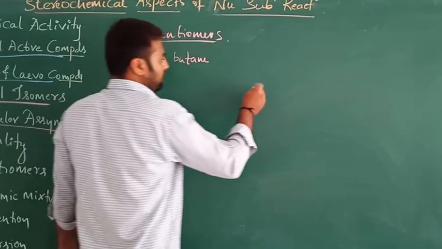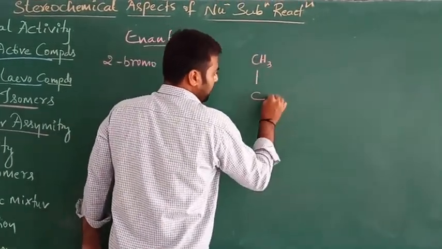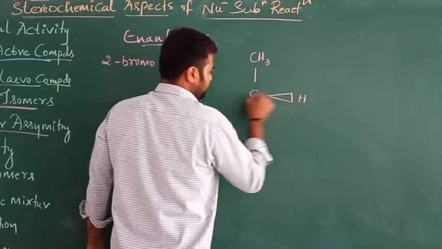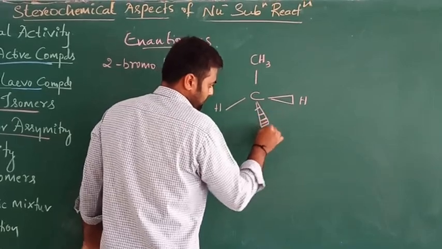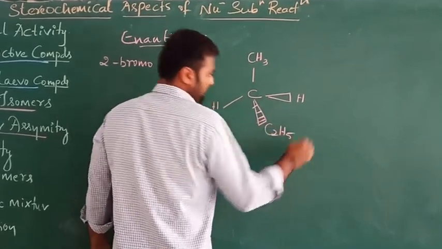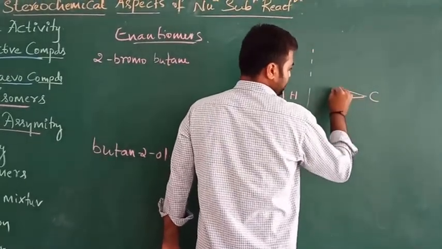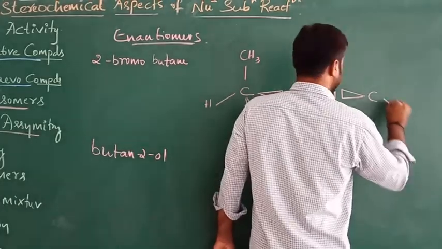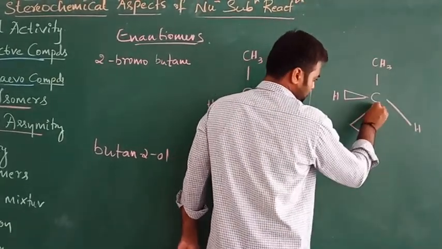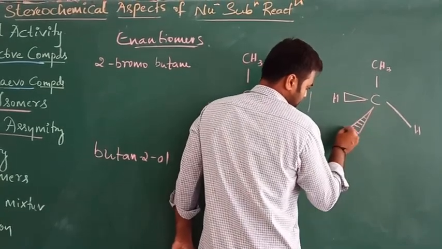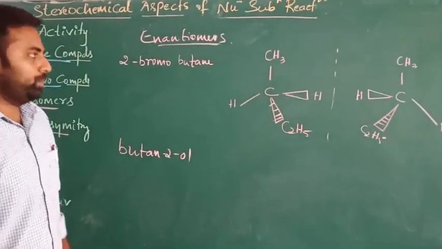It will be written as 2-bromo, like CH3. One of the examples is 2-bromobutane.